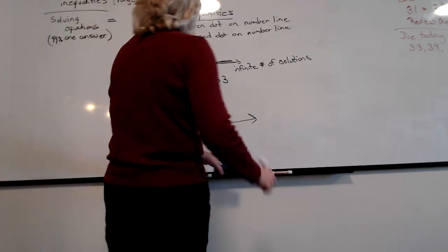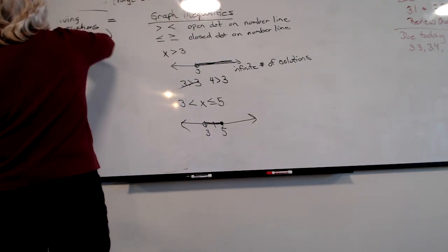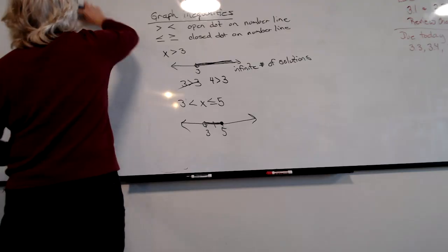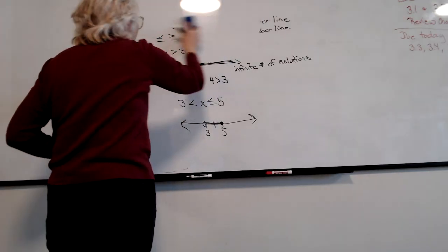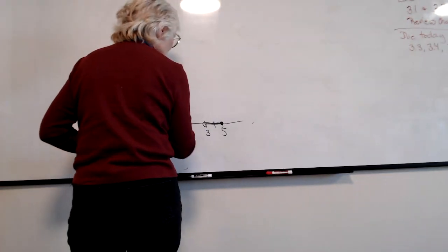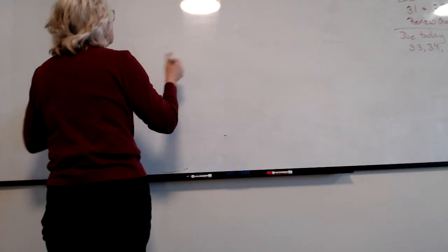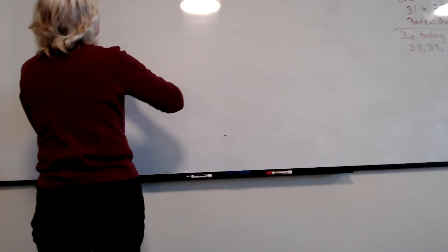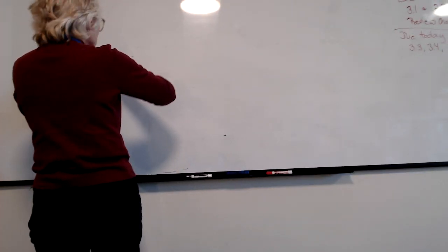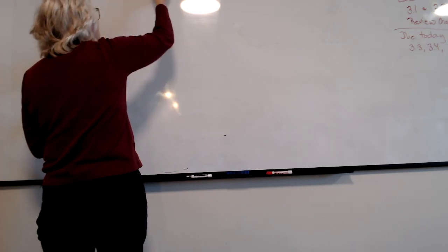Okay, so what we're going to look at now, we've kind of reviewed all the things that we do. Again, we're going to solve our equations. That's our goal. But before we do that, we have to practice something. We have to learn how inequalities are different than equations. They're actually very similar to equations, but there's one thing that's different.